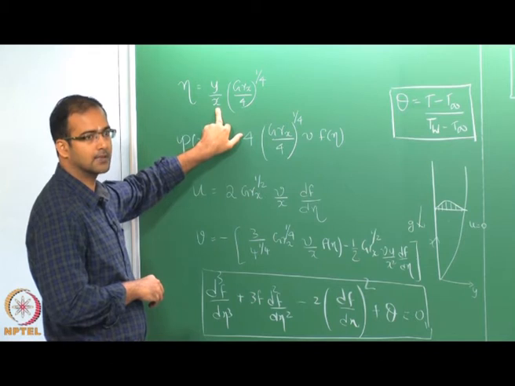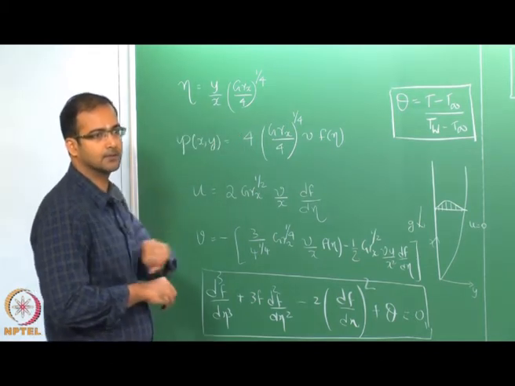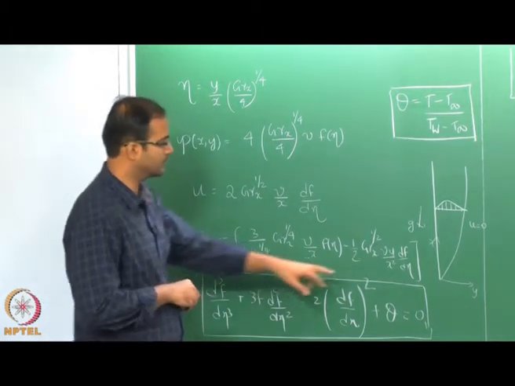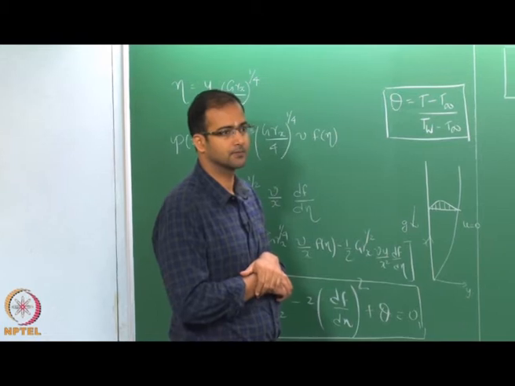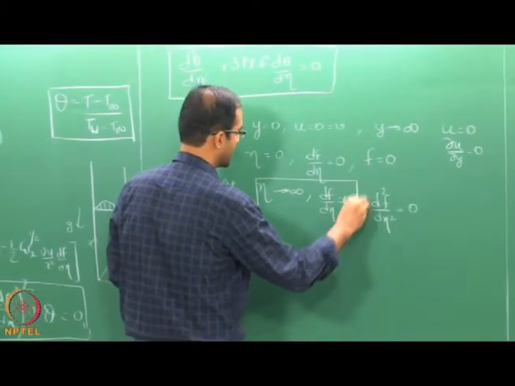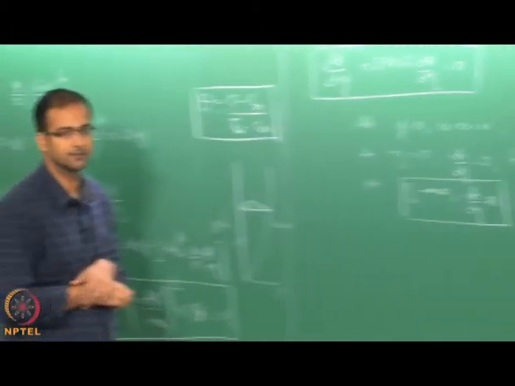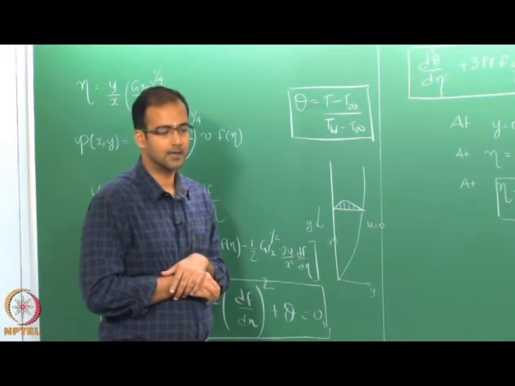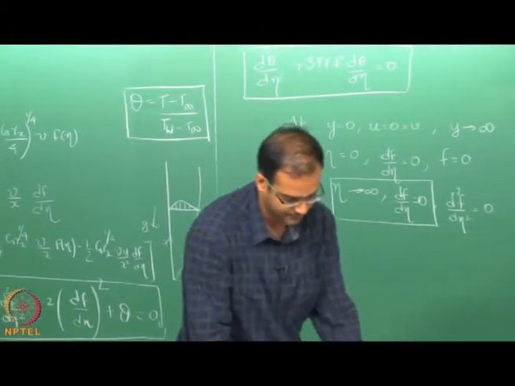So, at x going to 0, eta going to infinity, what is the condition? U should be equal to 0. Okay. So, the x going to 0 condition is satisfied by this condition as well, right. So, these are the conditions now.